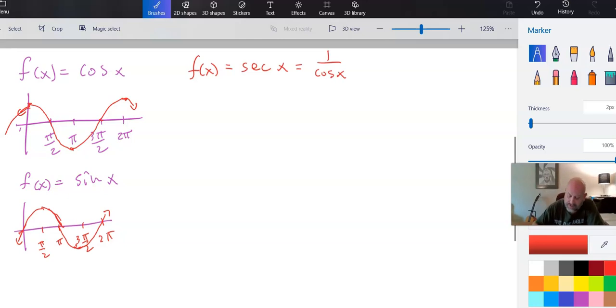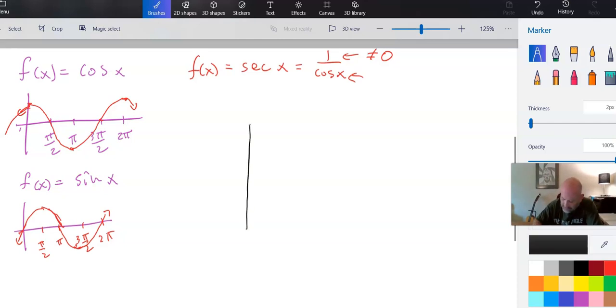And so let's notice some things about this. So 1, the numerator can never be equal to 0. So that means there's no x-intercepts. It never crosses the x-axis. The denominator, though, can be 0. So wherever cosine is 0, we have asymptotes. So if we're going to go ahead and graph this thing, let's take a look.